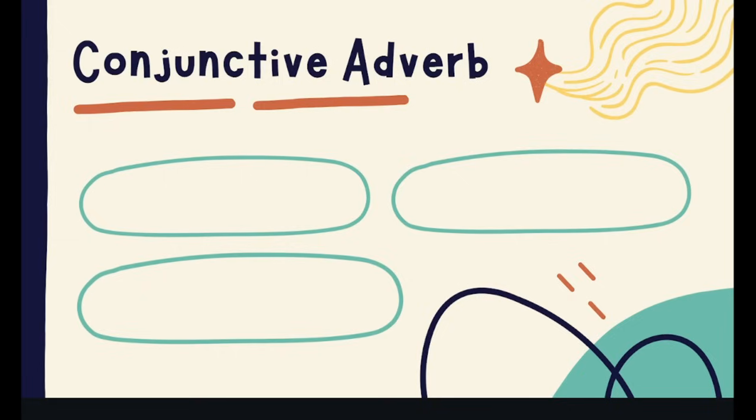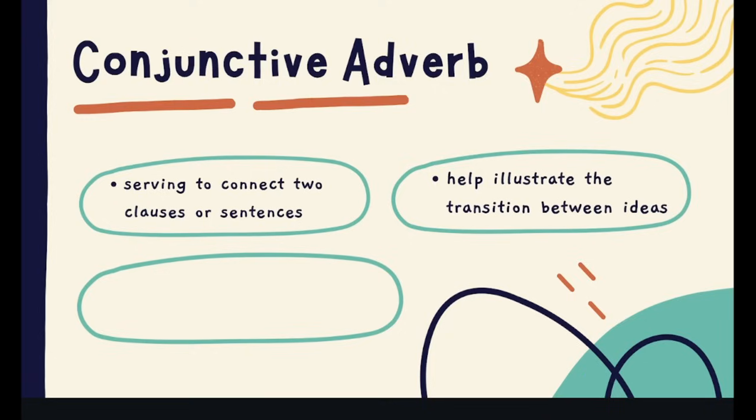So this time, we have now the conjunctive adverb. What is this conjunctive adverb? It serves to connect two clauses or sentences. It also helps illustrate the transition between ideas.